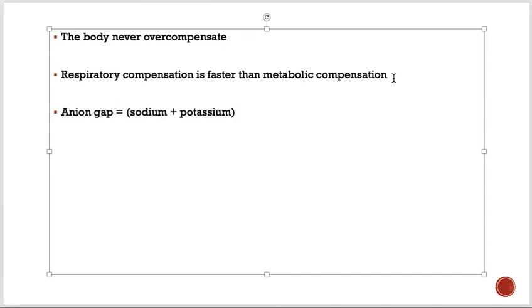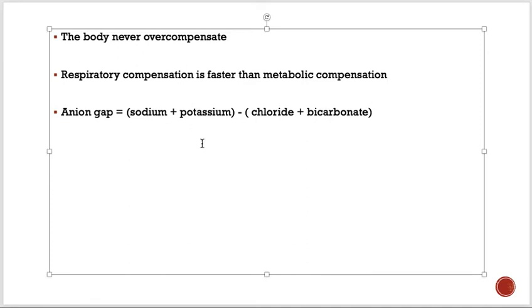And then we subtract from that all the anions, which is chloride and bicarbonate. So to calculate the anion gap, we must have sodium, potassium, chloride, and bicarbonate levels. Then we can calculate this. If the anion gap is high, it means the acidosis is due to the presence of excess acids in the body.